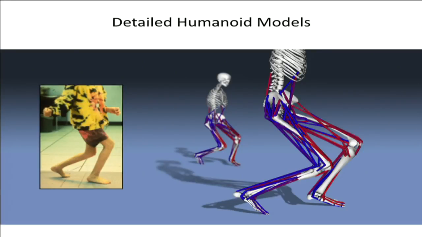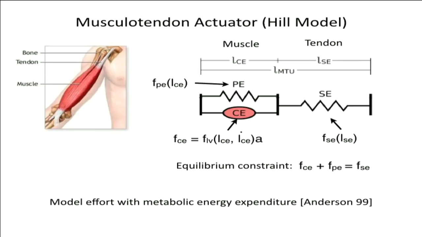So you can perform these virtual experiments without ever having to do them in the real world, if you trust your models, and if you trust your trajectory optimizer to be smart. So something that you can do is augment your existing models with musculotendon actuators, and then measure the effort using metabolic energy expenditure.